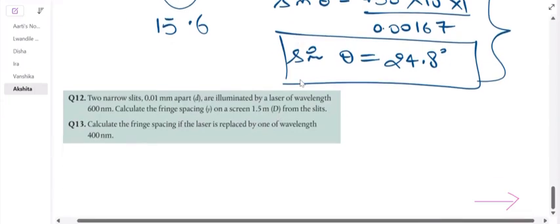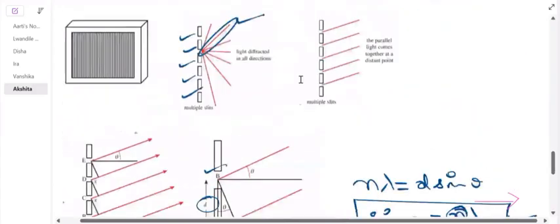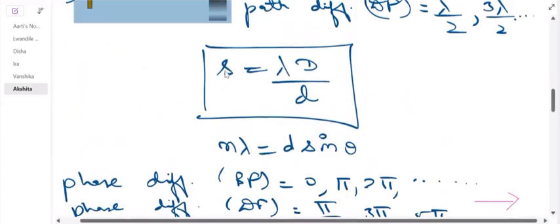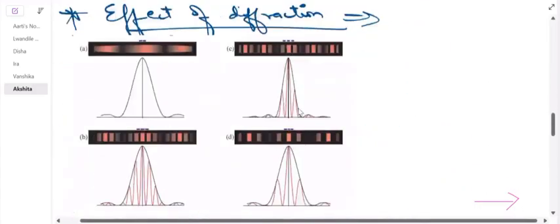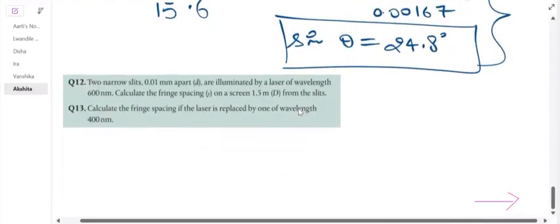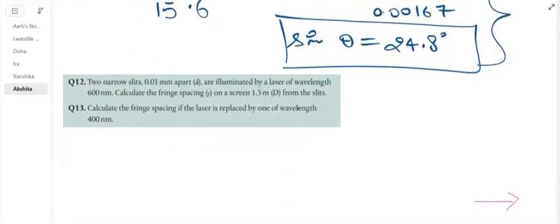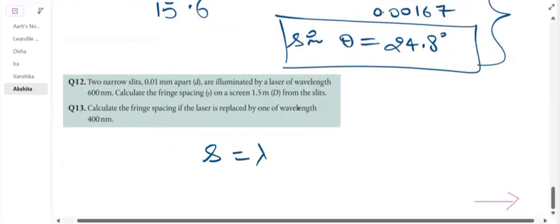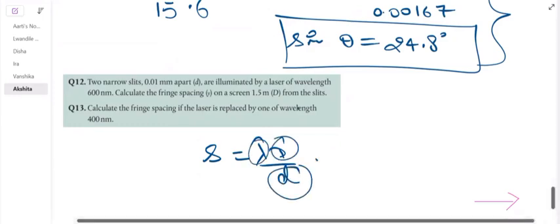So I had given you the formula over here, and that is S equals lambda D over d, correct? Yes, and that has two Ds. Yeah, S equals lambda D over d. Done. So lambda is given, capital D is given, small d is also given. You have to calculate S, the fringe spacing.